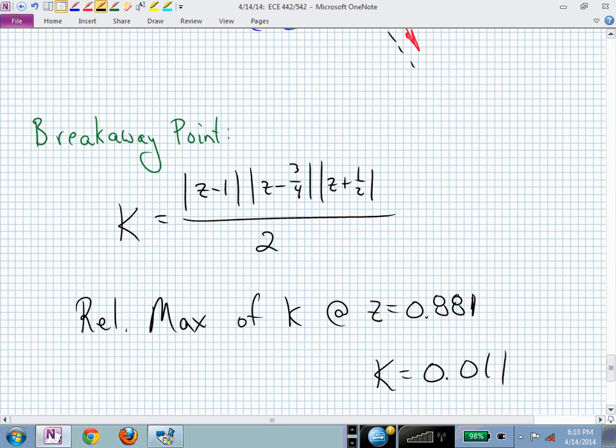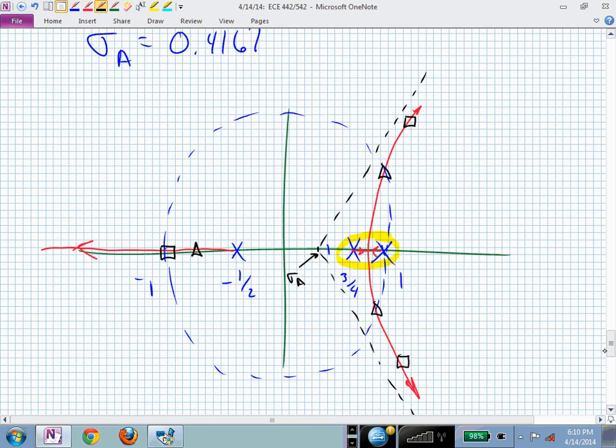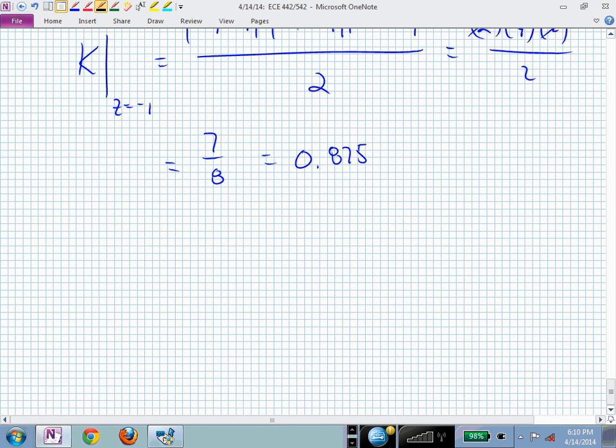And you have now eyeballed that from this root locus, and you now can say, let's just say that the gain k at z delta is approximately, because we don't know exactly, we didn't find it.